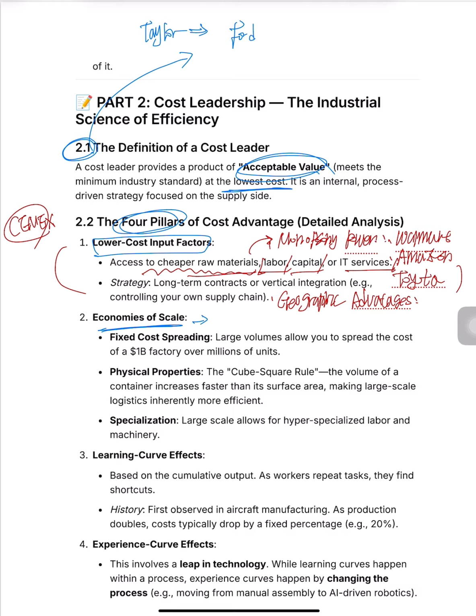that occurs as the total volume of production increases. I'm going to write it for you: the reduction in per unit cost that occurs as the total volume of production increases.